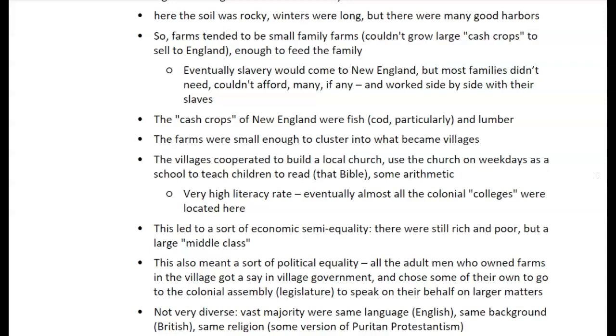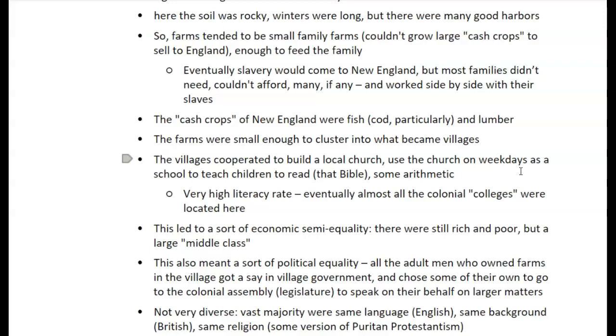Because the farms were small, they tended to cluster into what became villages. And when you've got a little village, cluster of farms around it, the people in the village cooperated to build a local church. They used the church on weekdays as a school to teach children to read, particularly that Bible, and some arithmetic. As a result, New England had a very high literacy rate.